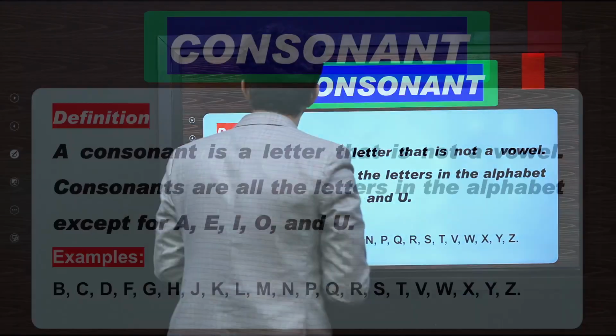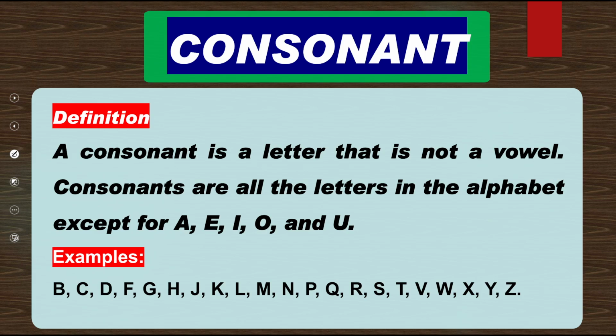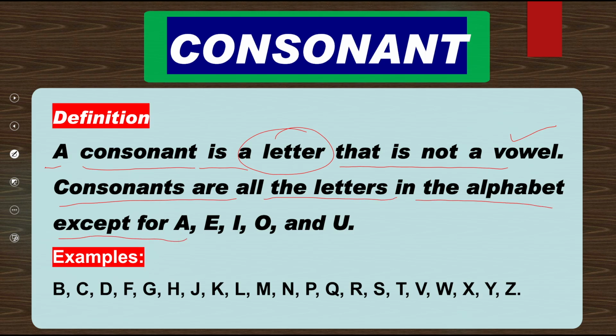First, let's read the definition of a consonant. A consonant is a letter that is not a vowel. Consonants are all the letters in the alphabet except for A, E, I, O and U. So every other letter, every other sound except A, E, I, O and U are called consonants.